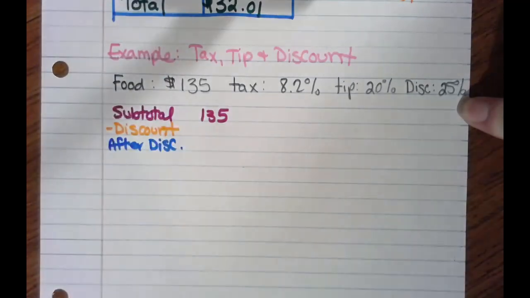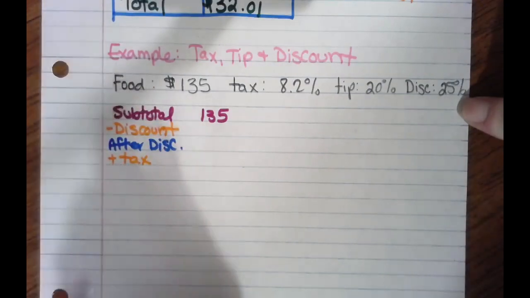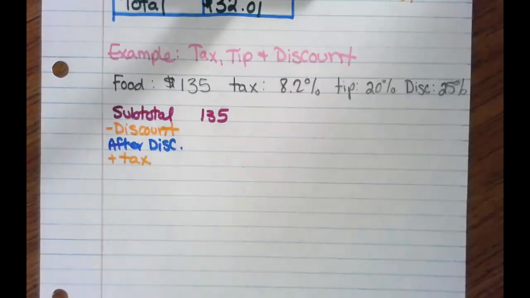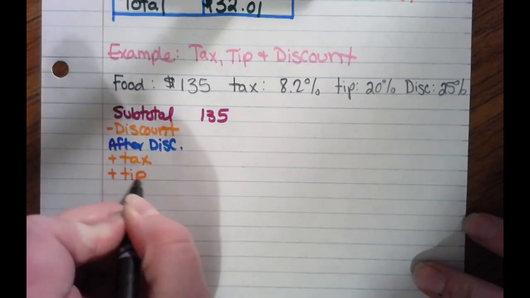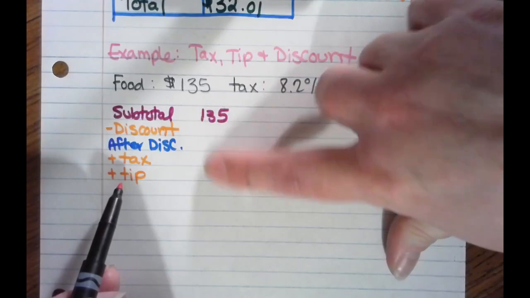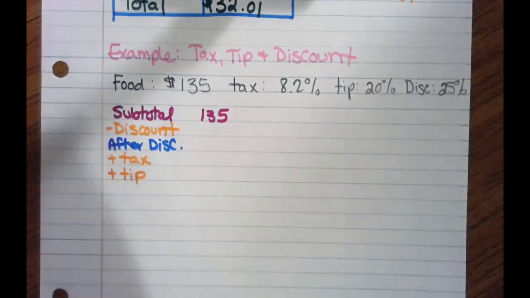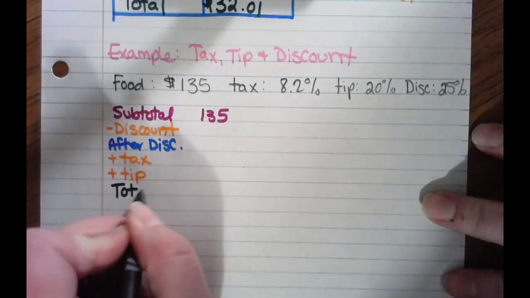Then we're going to add in tax, because our tax is off of this number after the discount. And then we're also going to add in a tip, and this one's going to get a little bit tricky because we're going to tip off of the original amount and not any of the other numbers we have in here. Then we can finalize here with our total.